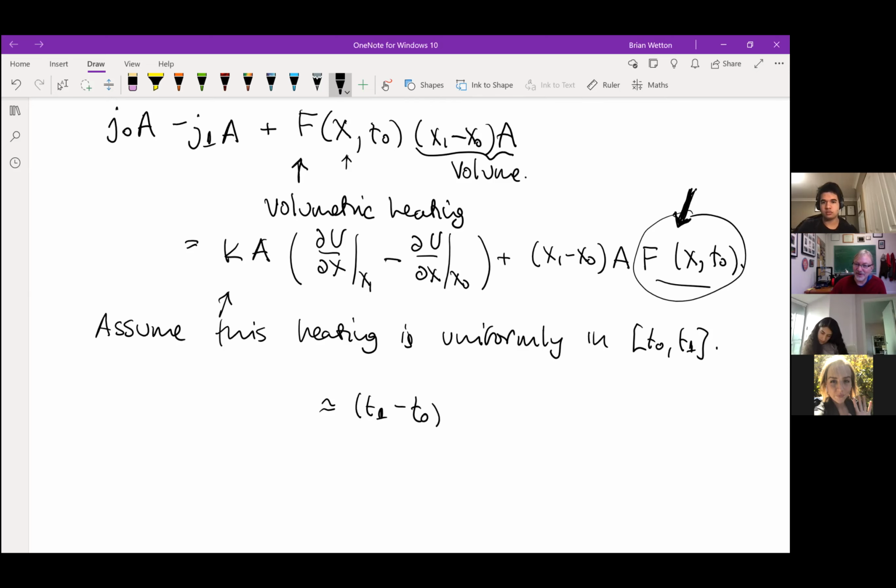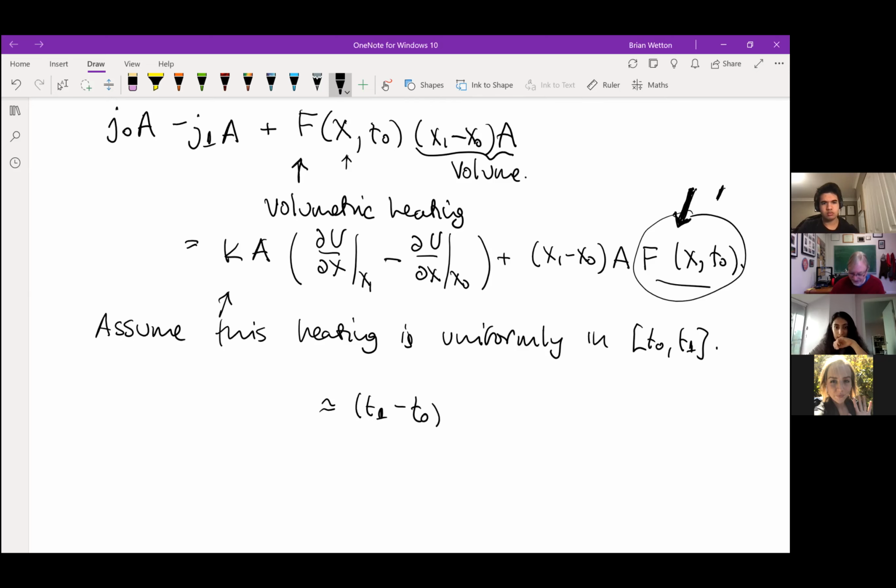You have to have two ideas in your head, right? Here's maybe the way to think about it: it's insulated on the edge of the cross section, but there is a heating wire in there that's applying some heat along the length. Okay, and that's what this F is. There you go. There's a physical picture you can have in your head.